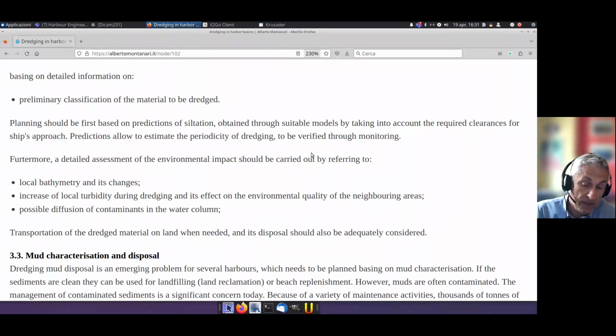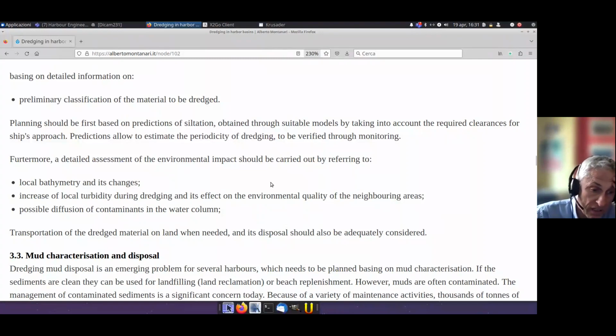It's clear that if the port management is barely sustainable, then we may undergo a more significant risk of environmental impact. And therefore, we have to make sure that everything is planned in the proper way.